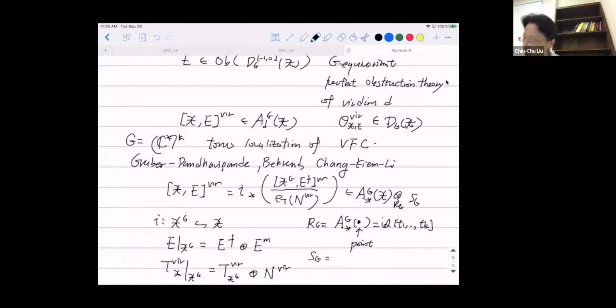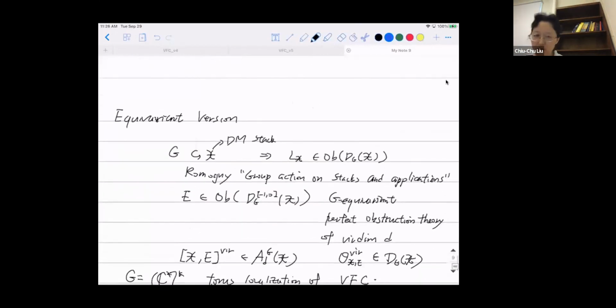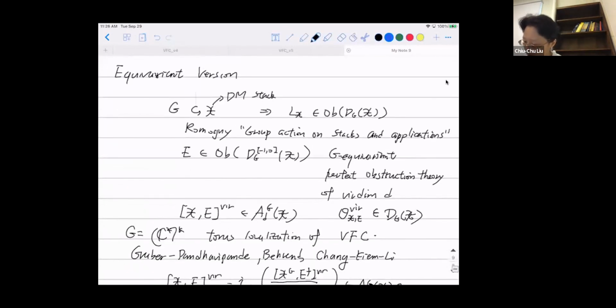These are universal first Chern classes, and we work over the rationals, and S is the fraction field of this ring. So this equivariant version is very useful for computation.